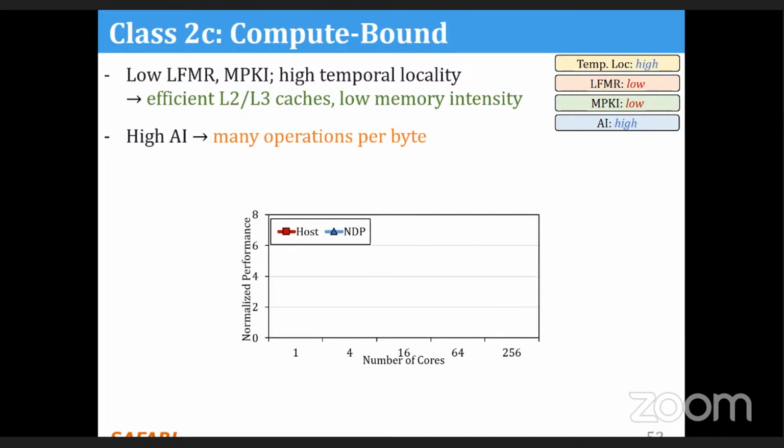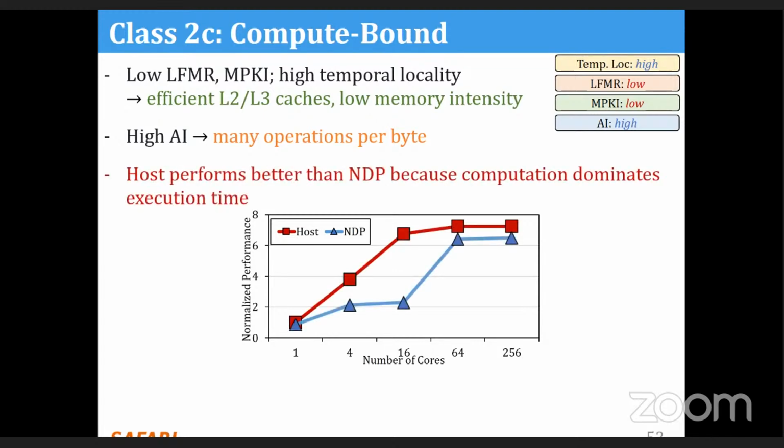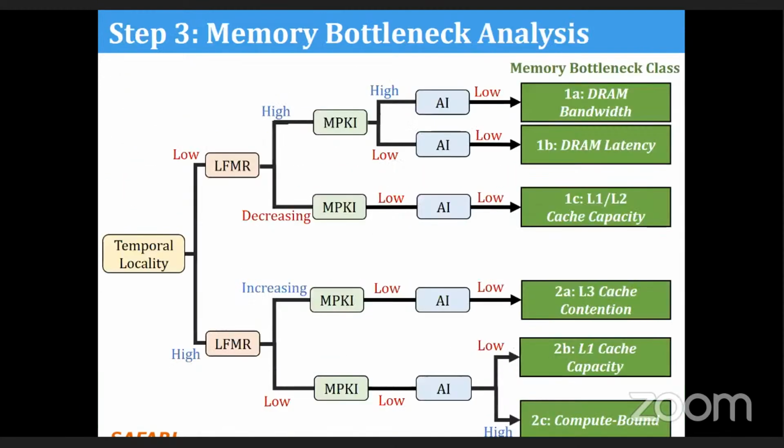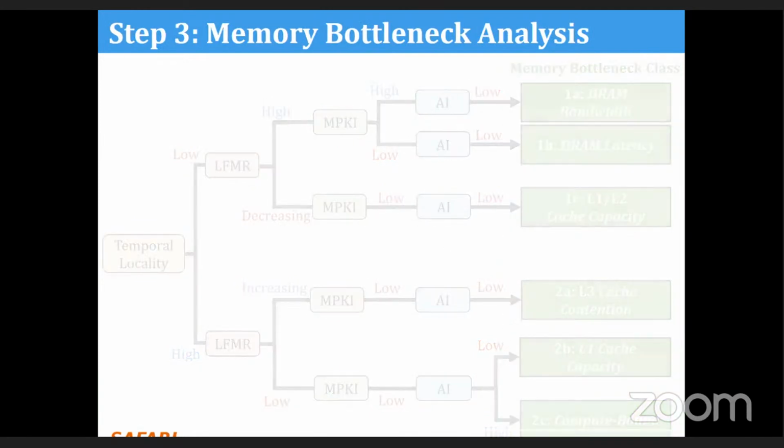So if you have a powerful processor like out-of-order CPUs, or this could also apply to some GPU workloads, you see that the performance is already quite good, and that's why in these cases NDP is not really a good fit. So this is our bottleneck analysis for 6 classes.